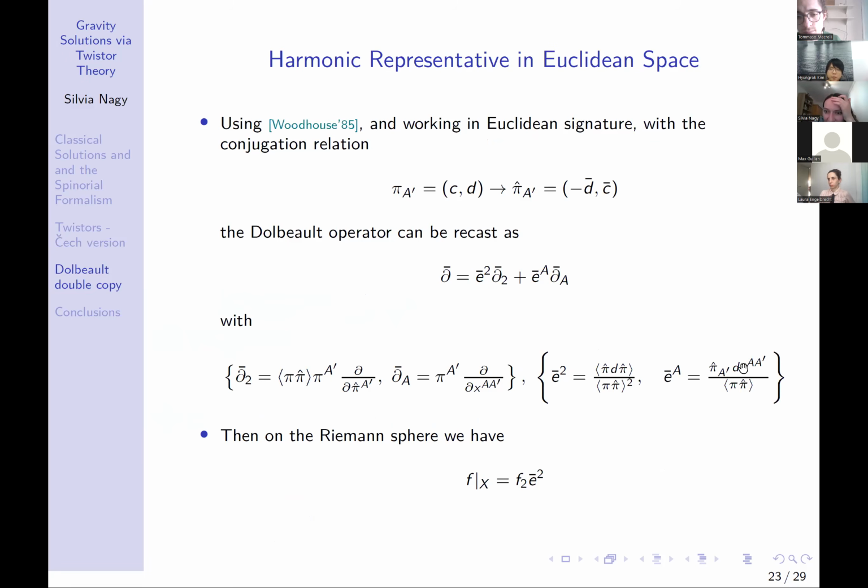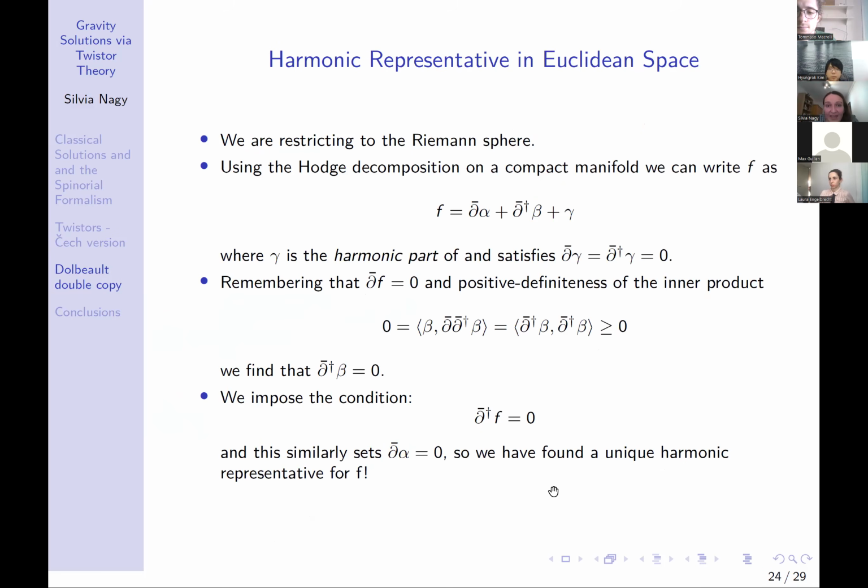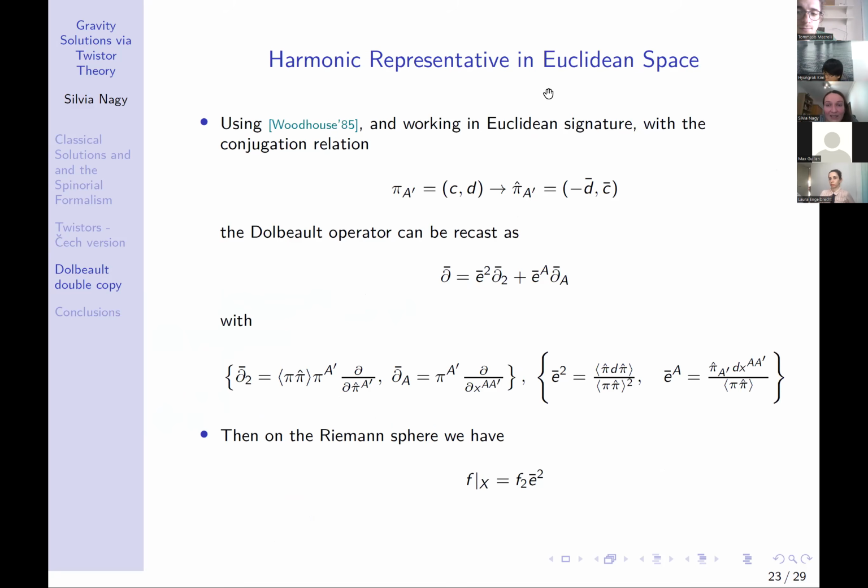So this element where I'm taking dx, changing slightly the position of the spacetime point, is not seen at all. It just drops out when I'm restricting to only the Riemann sphere. So I'm only left with this simpler formulation. And in this version, it turns out we can choose a unique representative.